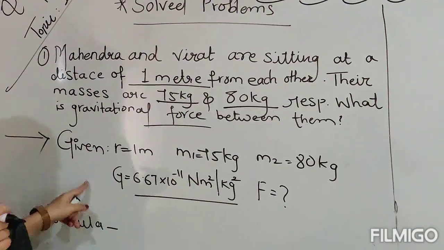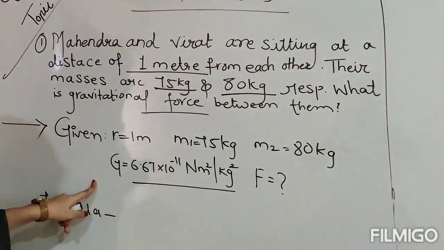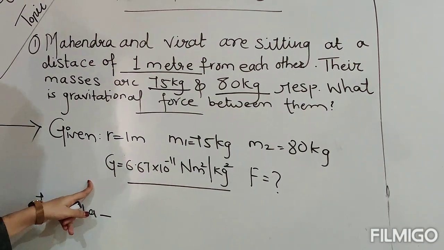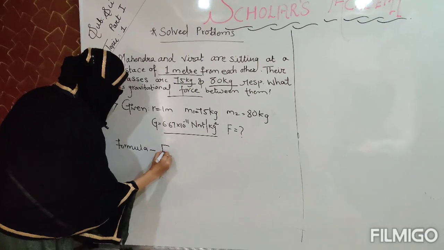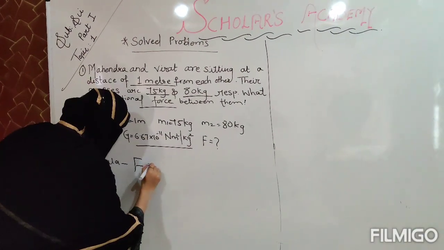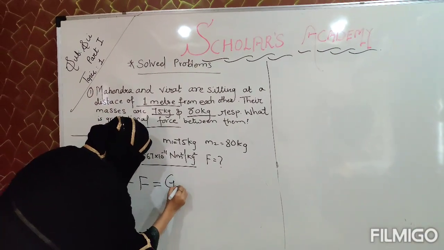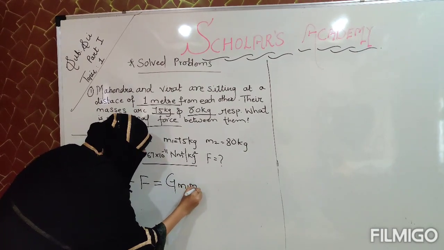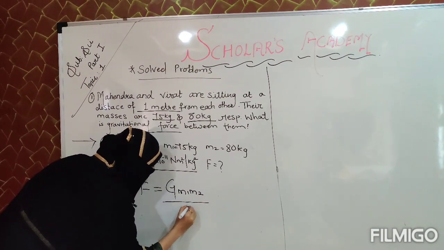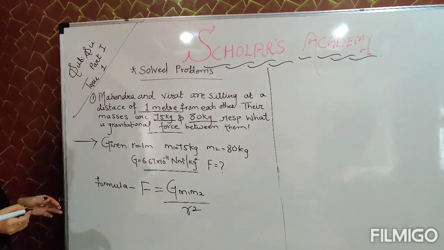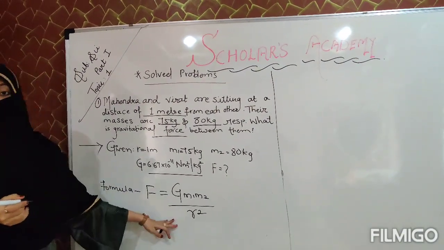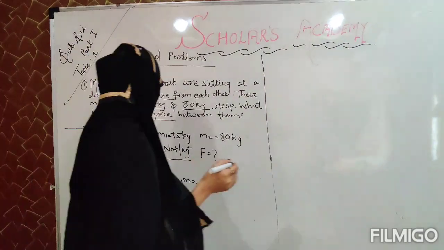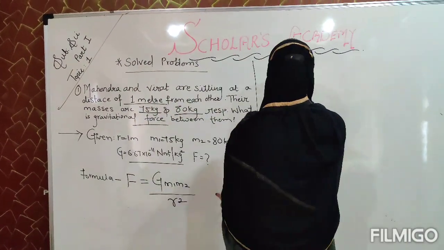Now, taking a look at these values, we must know what is the formula to find out the force. We have already seen that from Newton's universal law of gravitation, force is equal to capital G m1 m2 divided by r square. So this is the formula. These are the values to put in the formula. Let's put the values in the formula and solve the equation.